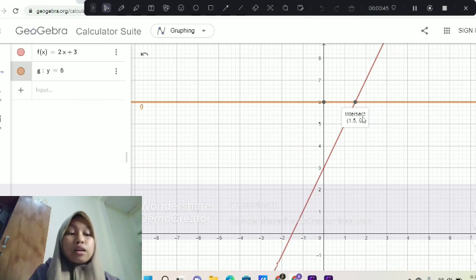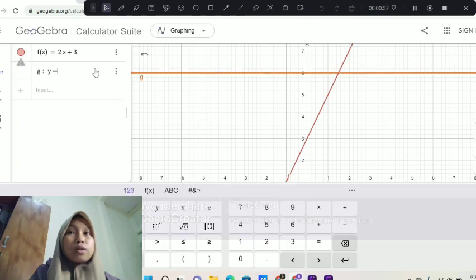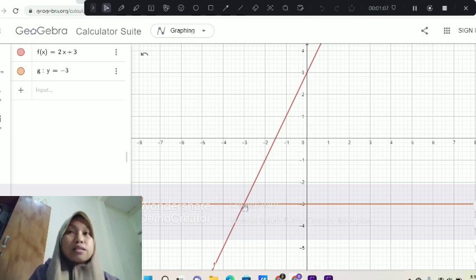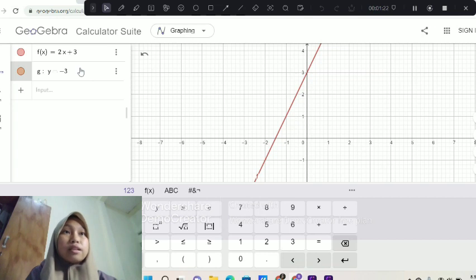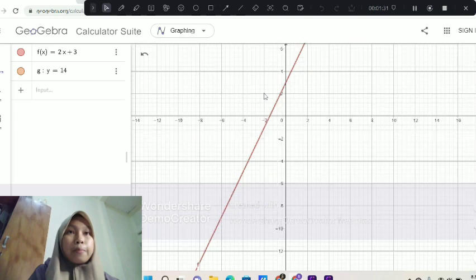Okay, if we take another line, for example y = -3, same as y = 6, it intersects the function at one point. So we know that this function is injective because for every horizontal line, there is an intersection at one point on the graph of the function.